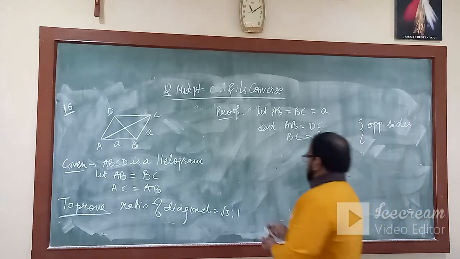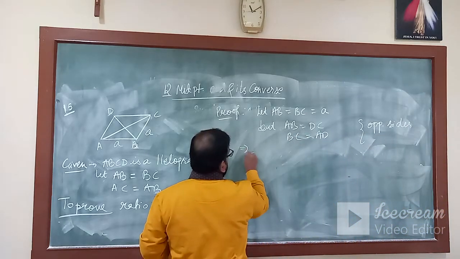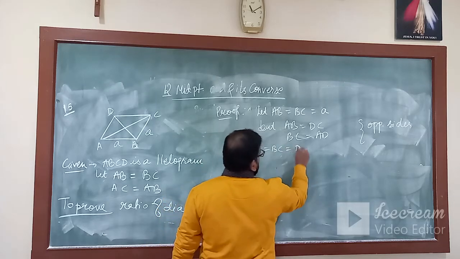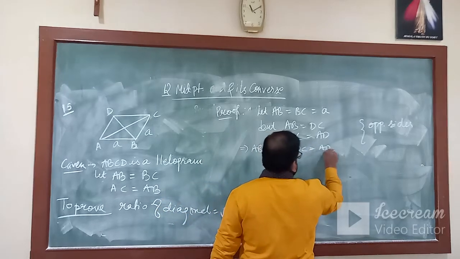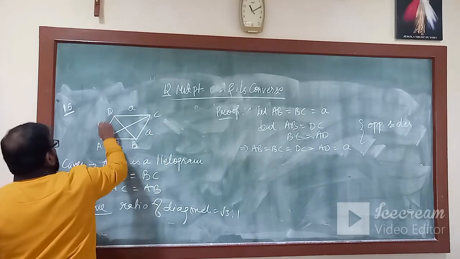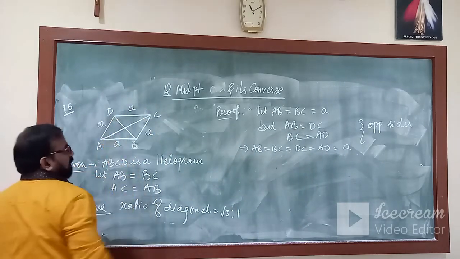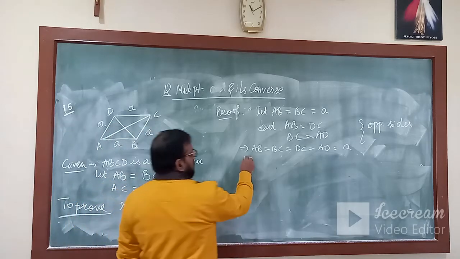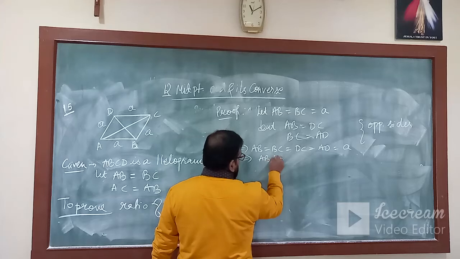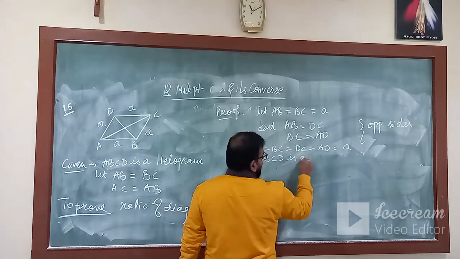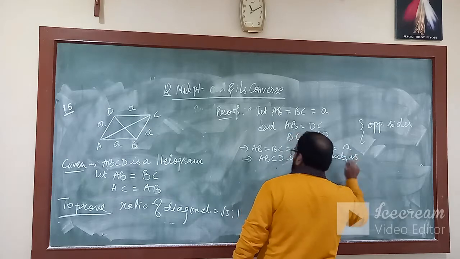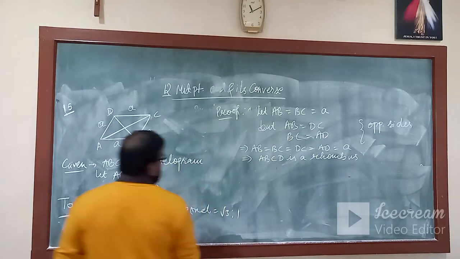So AB equal to BC equal to CD equal to AD equal to A. So all the sides are now equal to each other. And if you remember, if the sides are equal to each other, that means ABCD is a rhombus.